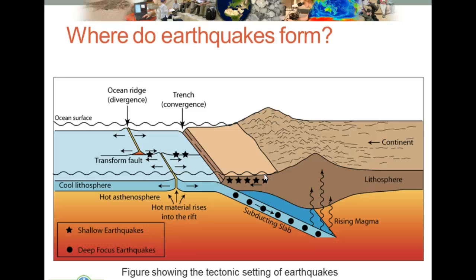Earthquakes may also occur in areas where there are volcanoes. These earthquakes are caused by 2 things: 1, by tectonic faults, and 2, by the movement of magma, otherwise known as hot melted rock or molten rock, within the volcano.